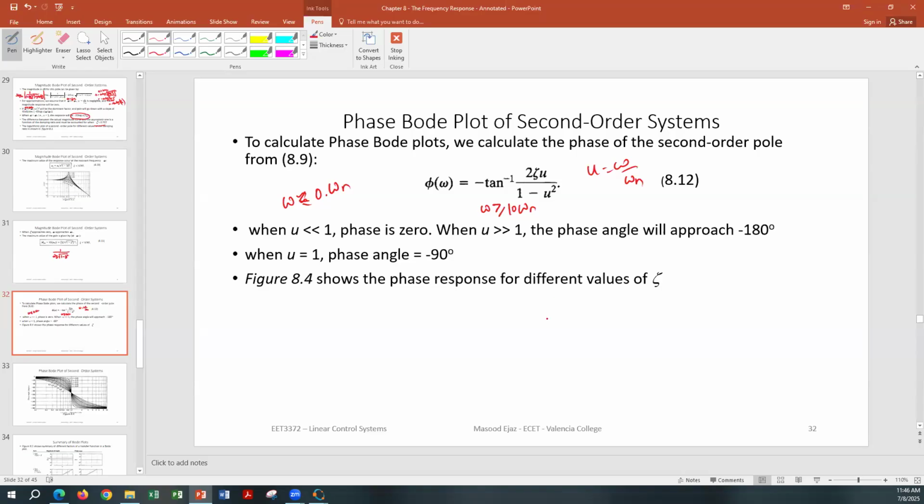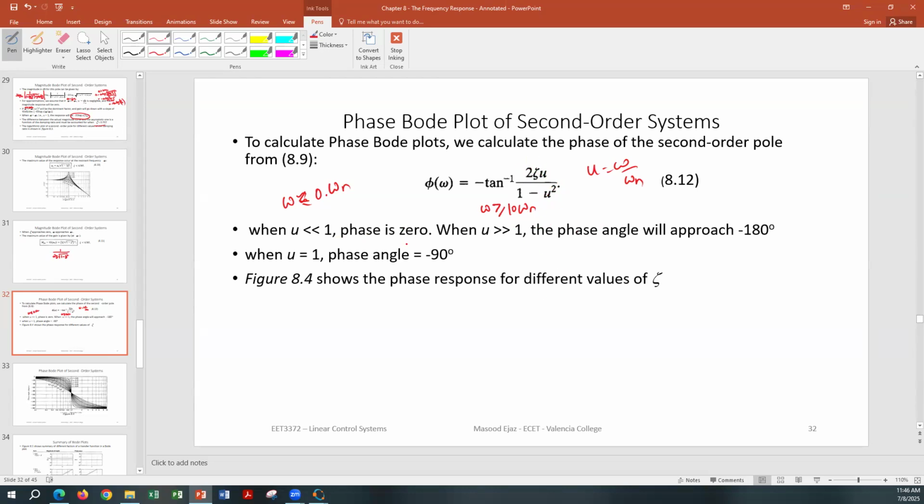Why negative 180 degrees? Because when omega is much smaller than omega n, the whole thing is taken as 0.